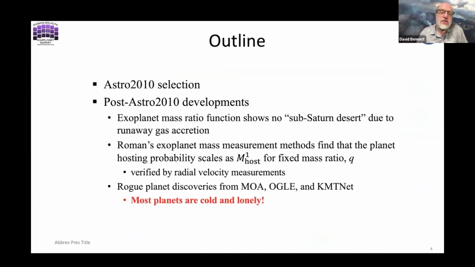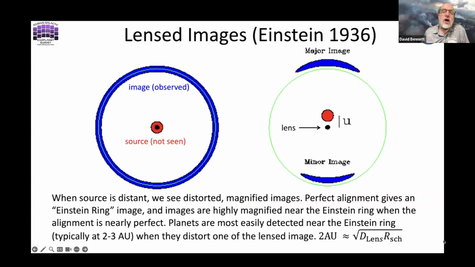The most interesting thing at the end is rogue planet discoveries, which seems to imply that apparently rogue planets are more common than all the rest of the known types of exoplanets combined.